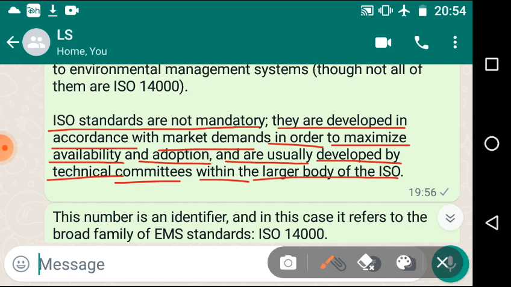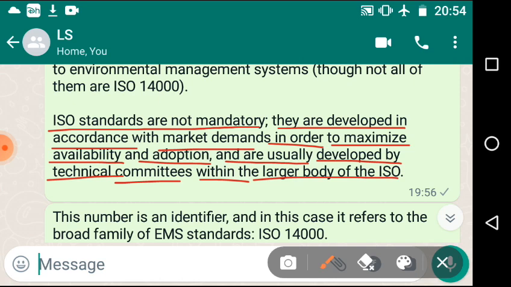There are many companies which are not following the ISO, but still we buy those things. But it is actually the market demand, because when the public is buying some product, they will not buy a product which is polluting the environment. They will not buy products from a company which is causing pollution.